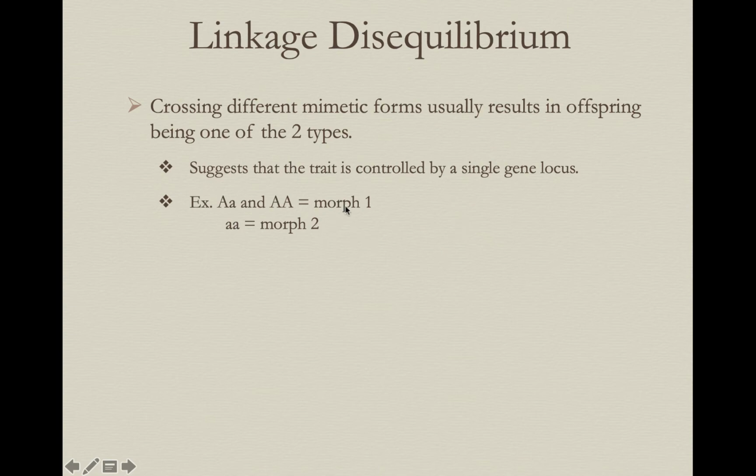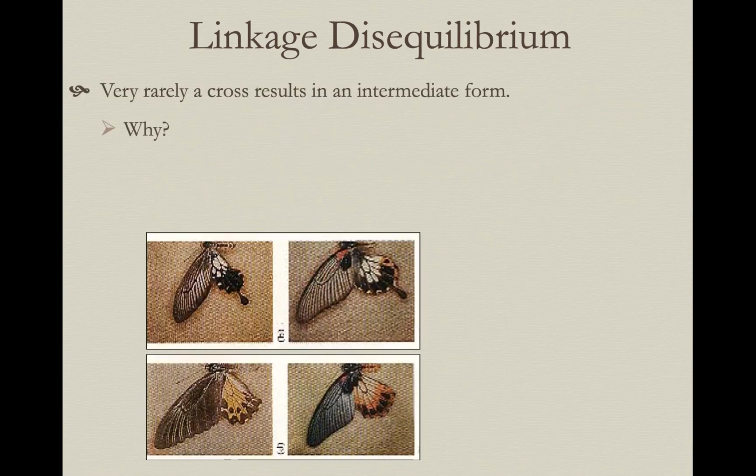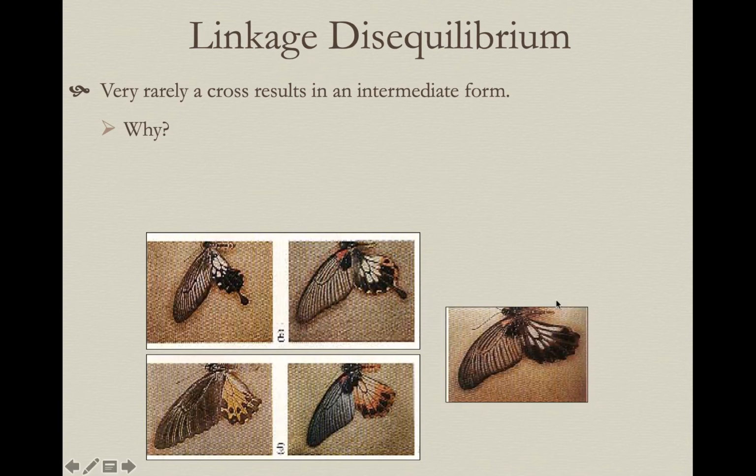So maybe morph 1, the tailed morph, you get as long as you have a dominant allele, and you get the coloration and the tailless form only when you have homozygous recessive, for example. That could be a simple explanation for what's going on here. But it turns out that if you do breed these enough, rarely you get something like this. In this situation, you've got the coloration pattern of the tailed form without a tail.